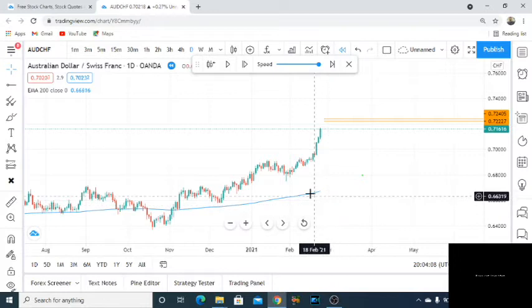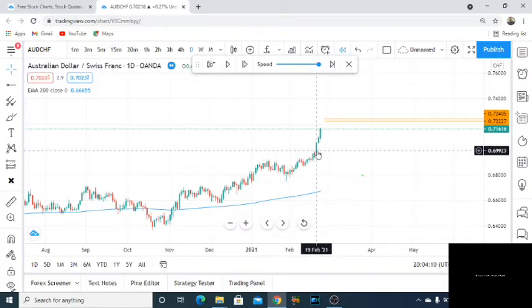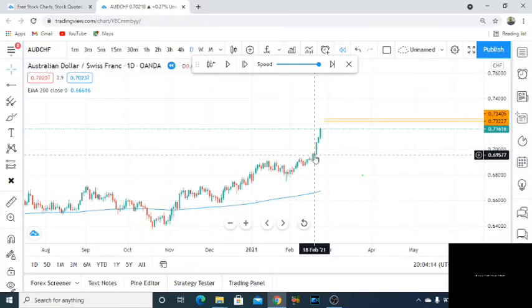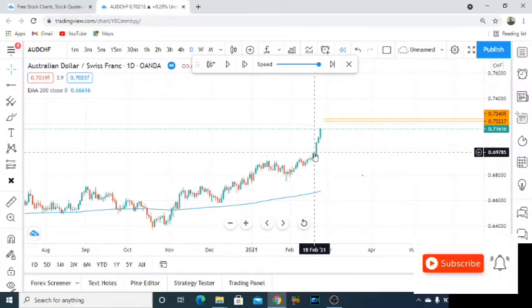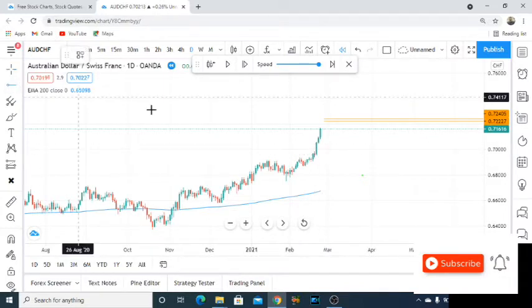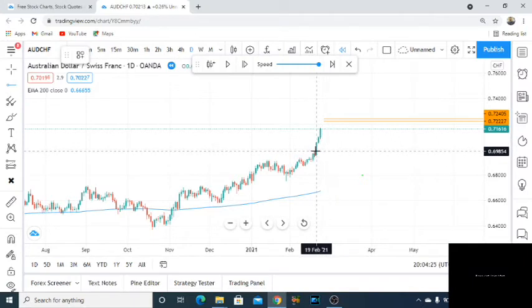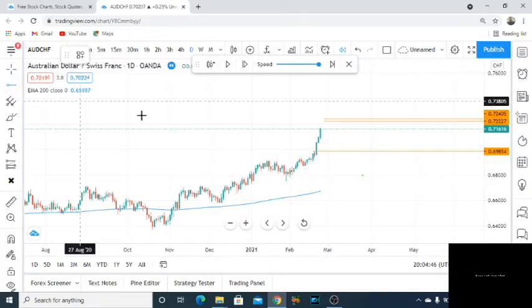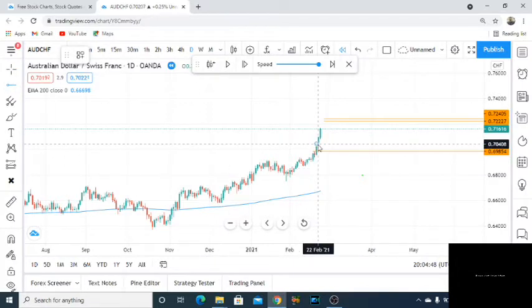What we look for: on this first green candle, you can see there is a small doji candle here. For us to mark an imbalance, we take it from the tip of the tail of this indecision candle. I'm gonna mark it like this.